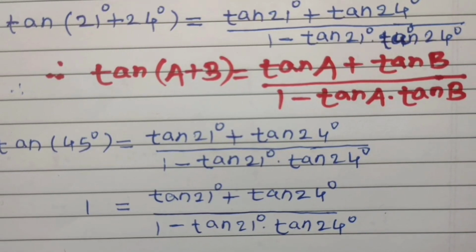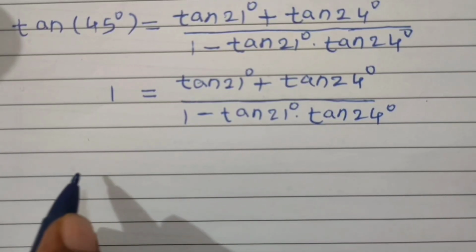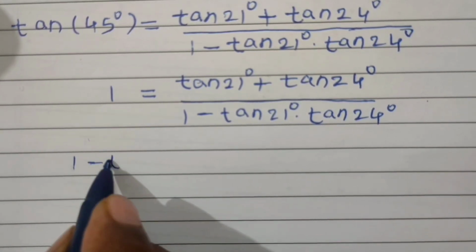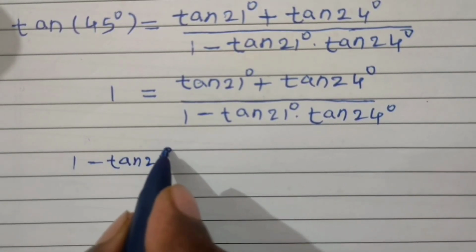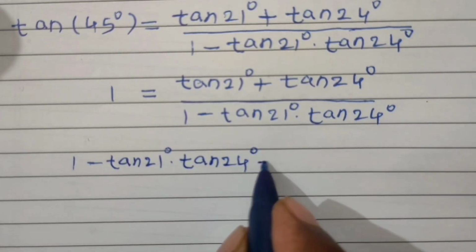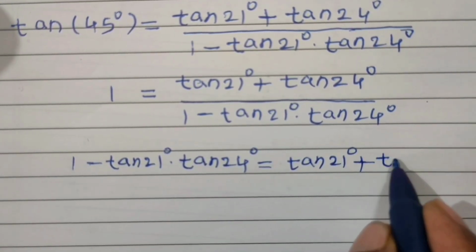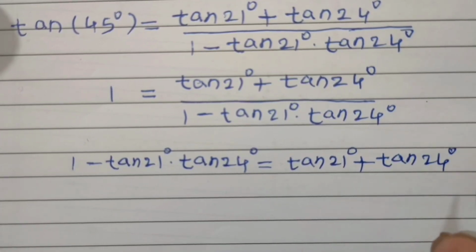Okay, now we can write this taking cross multiplication. 1 into this denominator is equal to the numerator of the right hand side. So this can be written as 1 minus tan of 21 degree into tan of 24 degree is equal to tan of 21 degree plus tan of 24 degree.